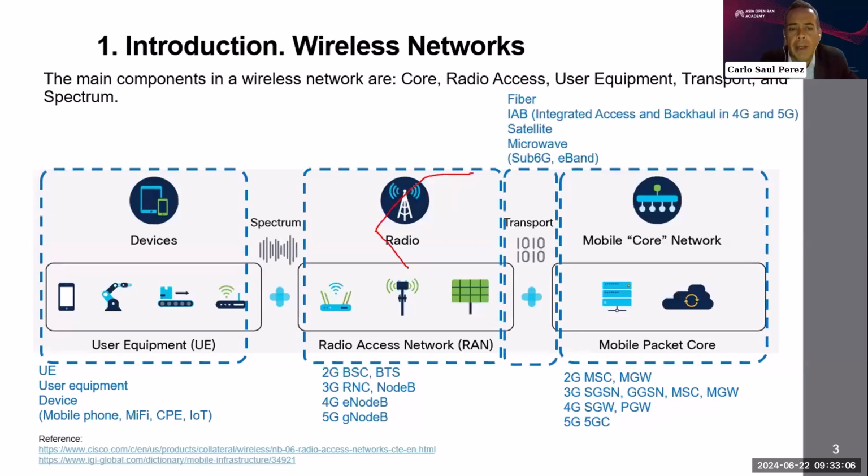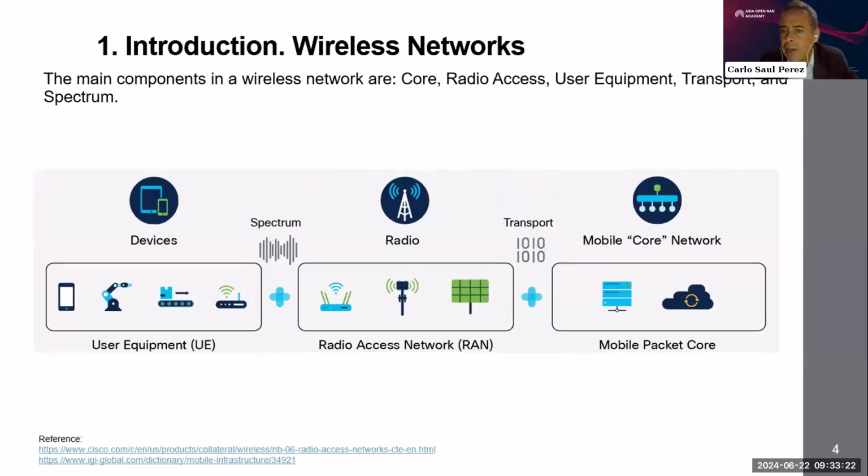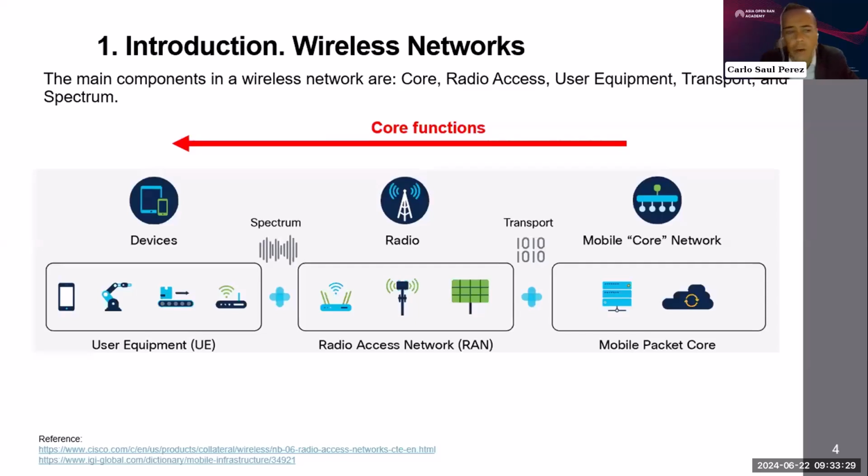We also have the transport part, composed of all the media we have to transmit the data from the core to the radio part. And we have the spectrum, from licensed to not licensed, sub 6G, and all of this spectrum we are using in the network. The tendency so far is that several of the functions we were handling in the core part are trying to move closer to the end user, something called edge functionalities.